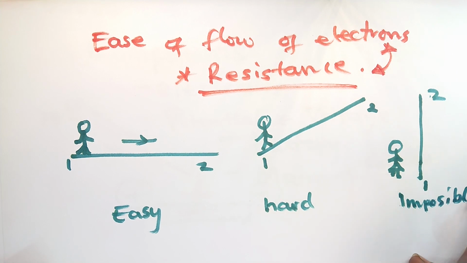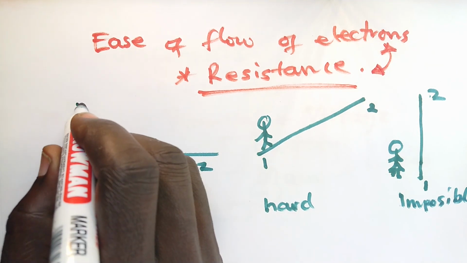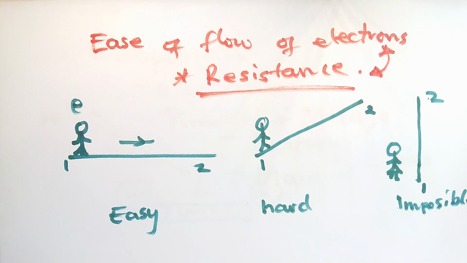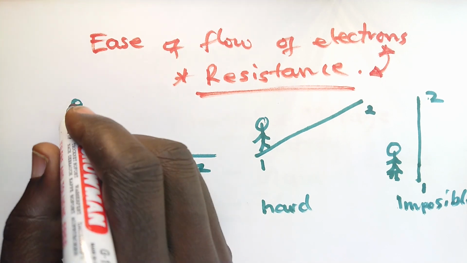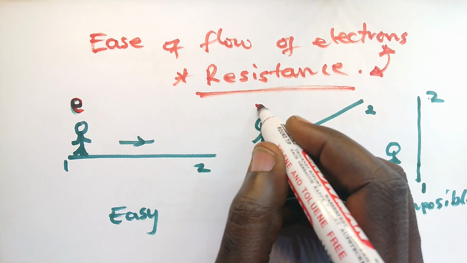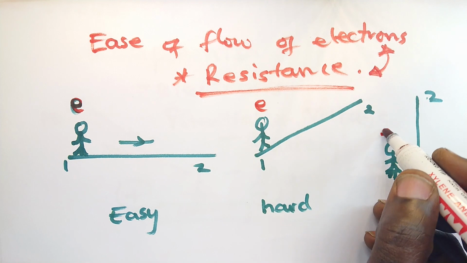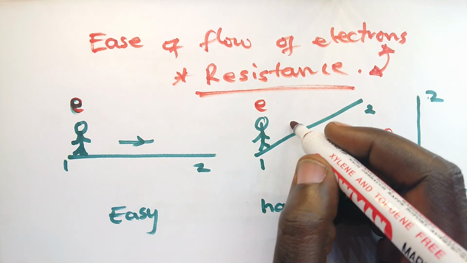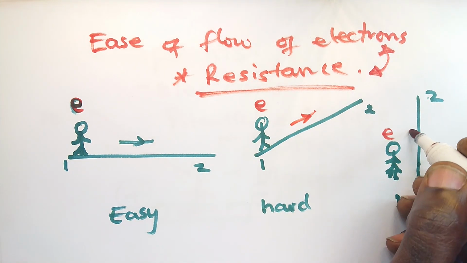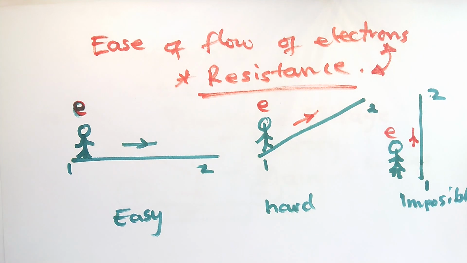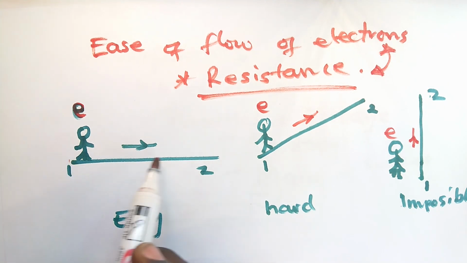Yeah, so now this is an electron that we are representing by a person, and this is also an electron, this is also an electron, and this guy has to go up there, this guy also has to go up. So it's much easier for a person to move on flat ground.